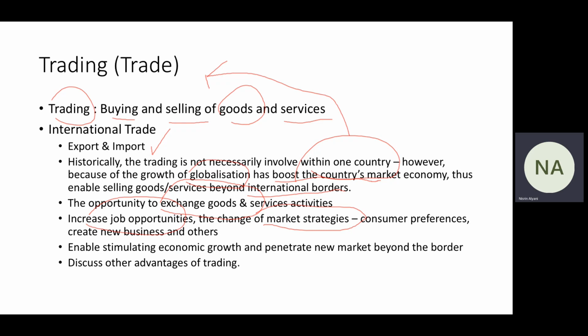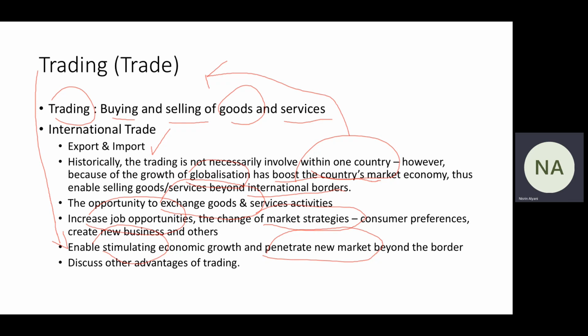So trading increases the economic growth of the country and penetrates new markets beyond the border. When we understand the term stimulating, it means increasing and boosting the country's economy. The more that you sell, the more export and import activities you create.